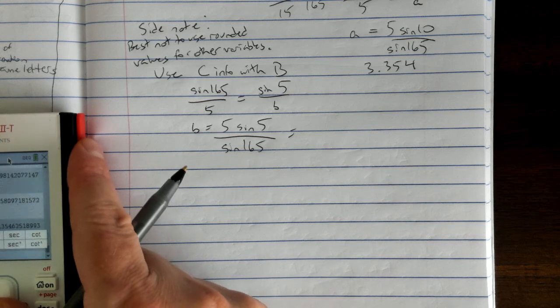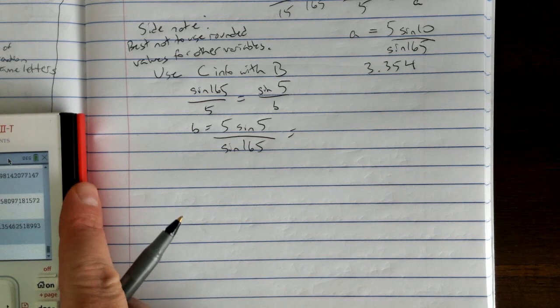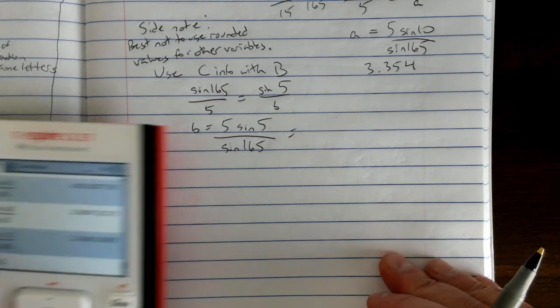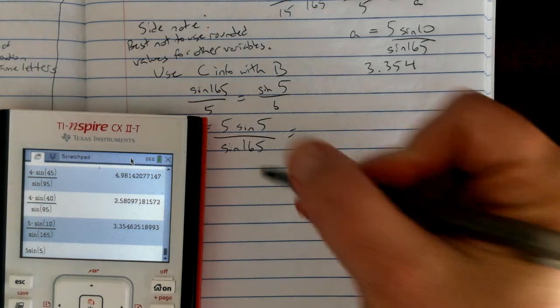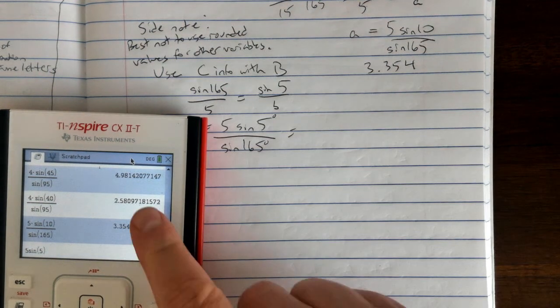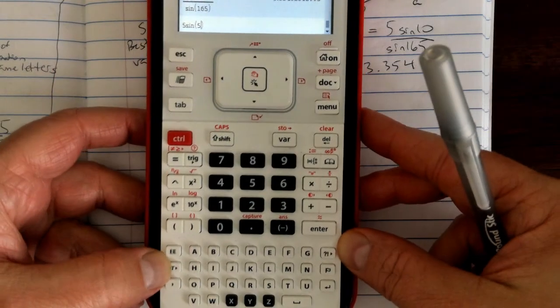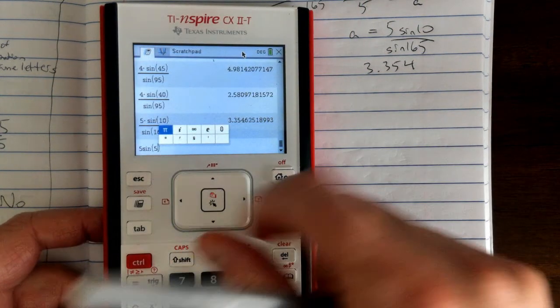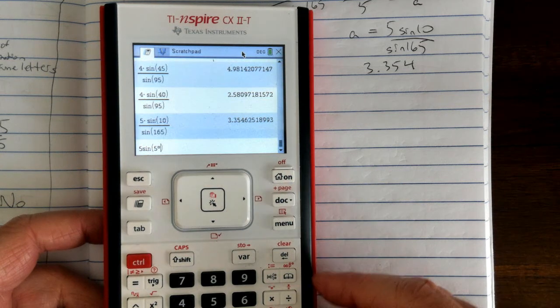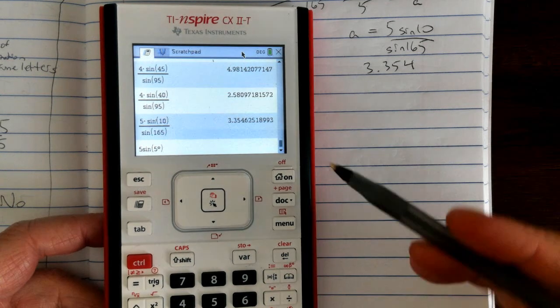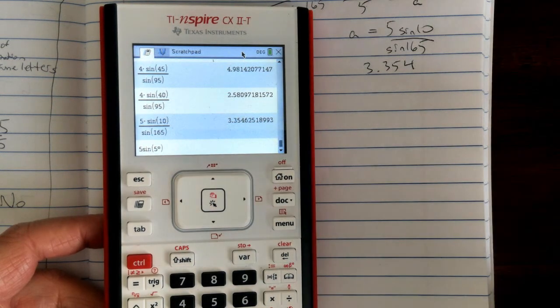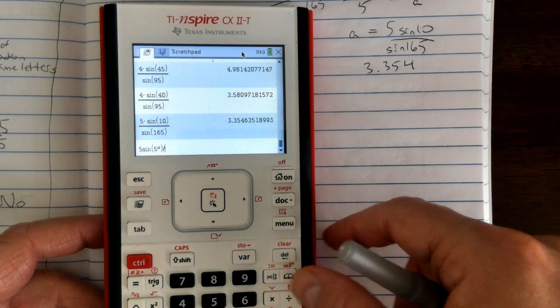5 sine 5. By the way, if you really wanted to, you could have used the degree symbol, like pressing pi, which is there, and then there's the little degree symbol down there. So if you were in radian mode, this would force it to be degrees.